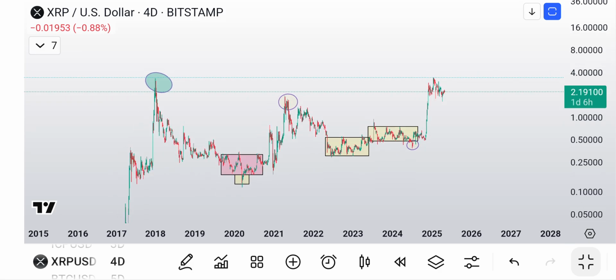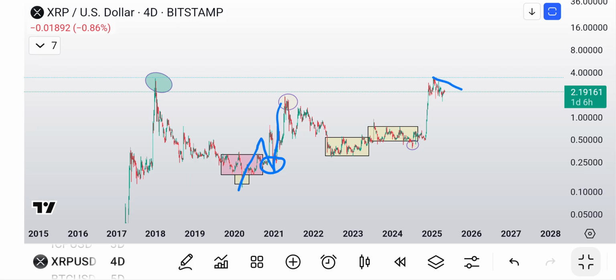So basically, Theta is somewhere over here. It still needs to, this is an A, B, C, so we're at the bottom of a B wave.